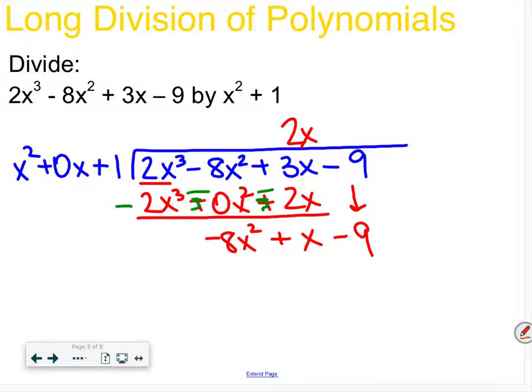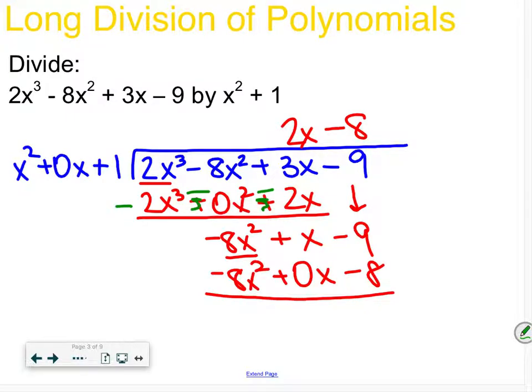Hooray. X squared times what is negative 8x squared? Negative 8. Put that in the column with all the other constants. So our divisor times negative 8. And we are subtracting.